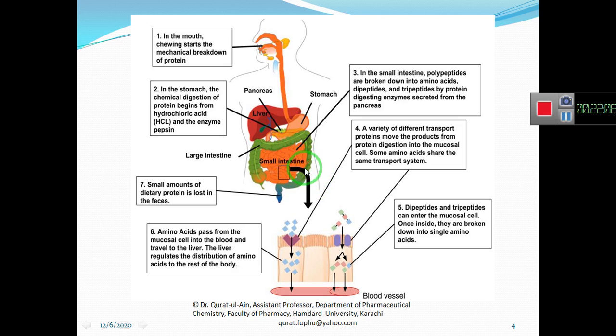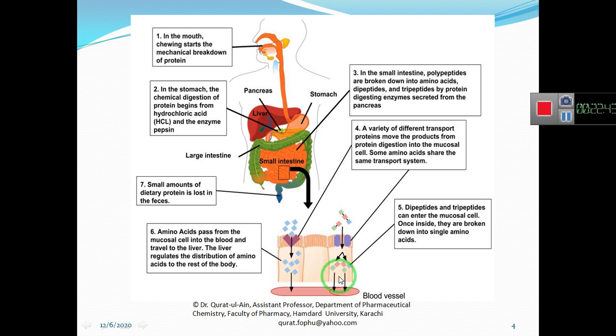And then what happens after this? When you have separate amino acids, these amino acids are transported from your intestinal lumen into the microvilli cell with the help of transport proteins. After the entrance of these separated amino acids into the microvillus cell, they are transported into your blood vessel, and from the blood vessel they are transported to your liver.